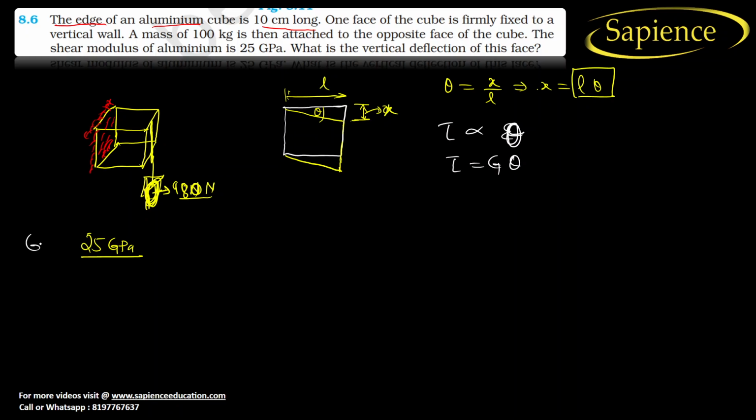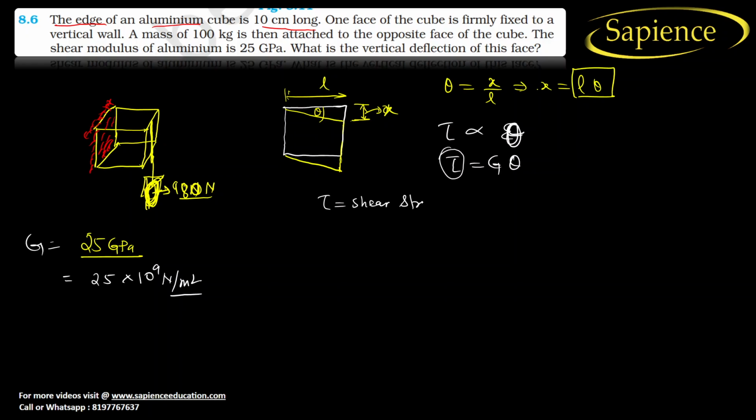Now the value of G is given as 25 gigapascal, that is equal to 25 into 10 to the power 9 pascal or Newton per meter square. To find theta, we have to find tau, our shear stress.